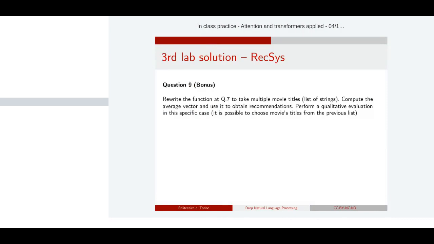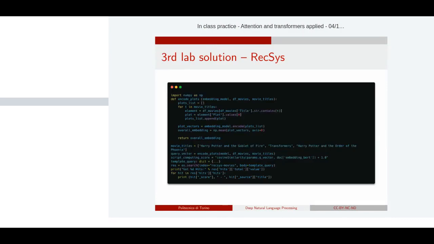Okay, there was a bonus question. If I've seen multiple movies, I can get the plot of each of the movies I've seen, and then aggregate them by using the mean function, to pass from multiple vectors to one single vector, and this will be my query. So my query is now not the embedding of a given plot, but the average of the semantic representation of multiple plots.